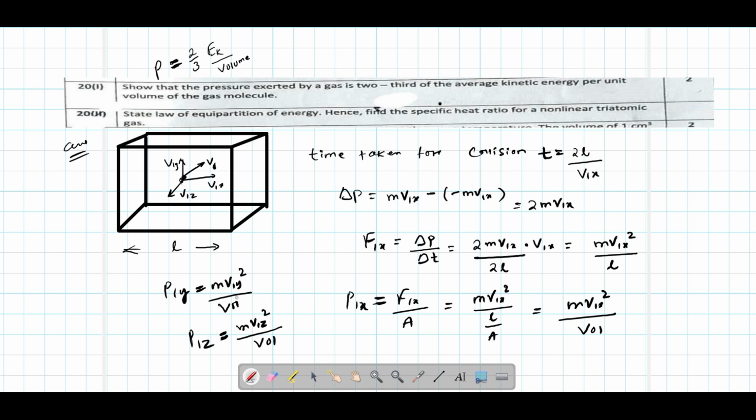So average pressure equals how much? Average pressure equals Px, Py, Pz divided by 3.